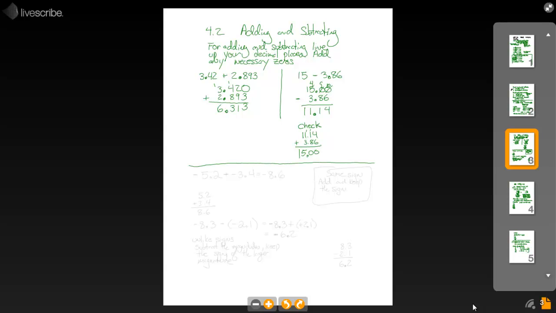Okay. Life would be just fine, I think, if that was all that was in there. But then they throw signed numbers at you, positive and negative. And it's the same rules. You just need more practice with them. And it's good because there's quite a bit in here.